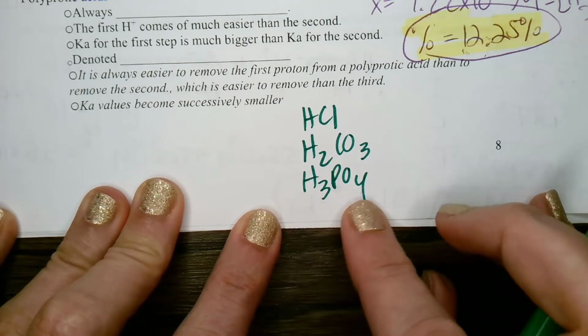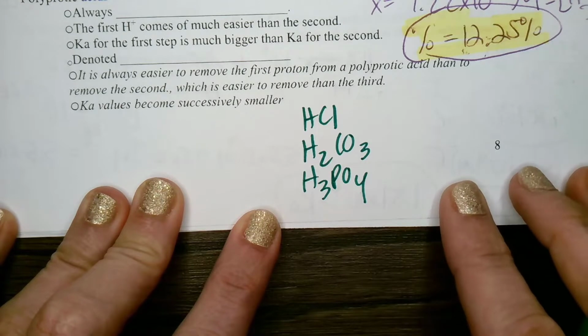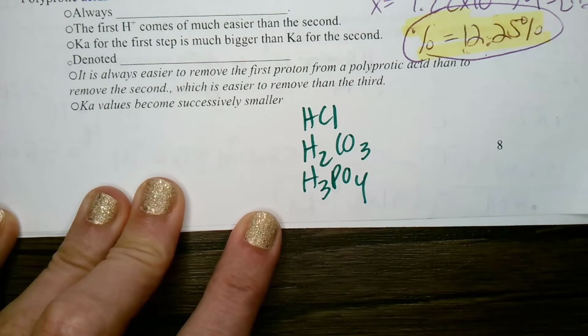an acid. And polyprotic acids always dissociate in a stepwise fashion. So I'm going to write, they always dissociate in stepwise. In other words, we always take off one hydrogen at a time in a dissociation equation.